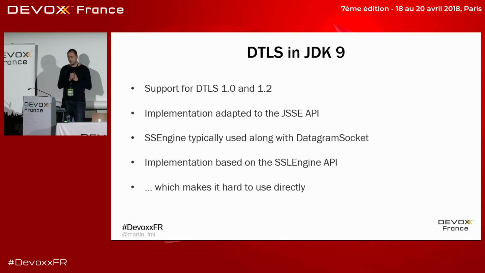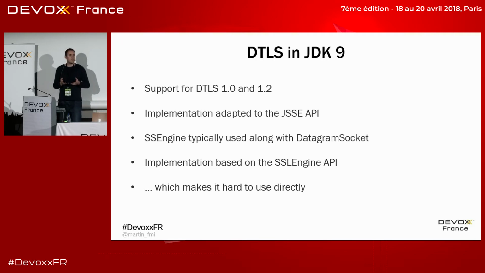And one of the things about DTLS is that the implementation is adapted to the existing JSSE API. You won't see any new paradigms introduced with the implementation of the DTLS protocol. And one of the things is that the more complex mode of operation in JSSE, or the non-blocking mode of operation, is chosen for the implementation of DTLS in JDK 9.